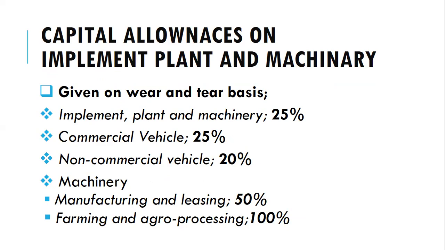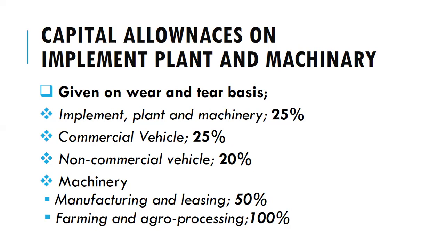Implements, plant, and machinery also includes things like machines that are used in manufacturing, computers, other equipment, or maybe fixtures and fittings, you know, any other item that is used in the business, right?